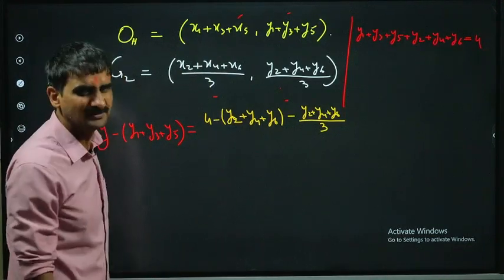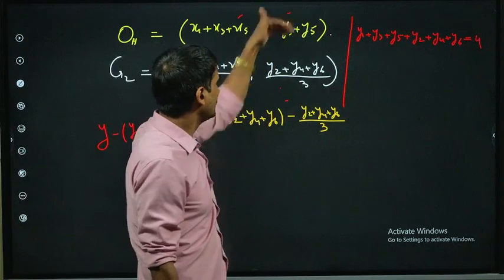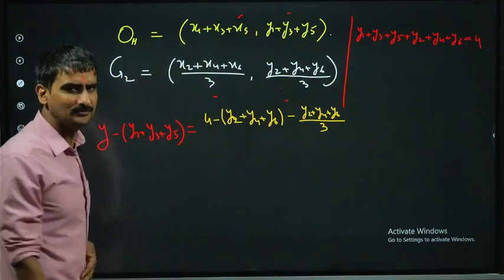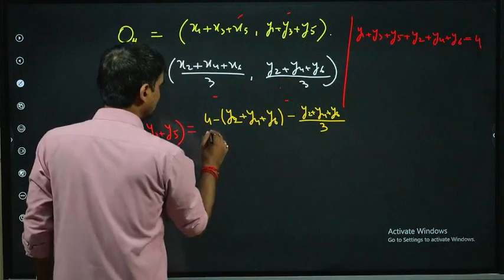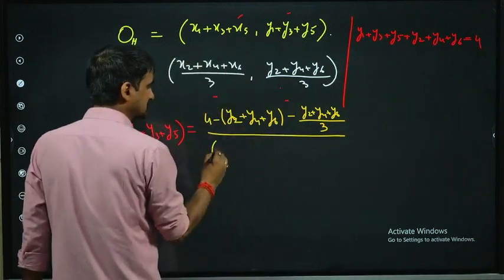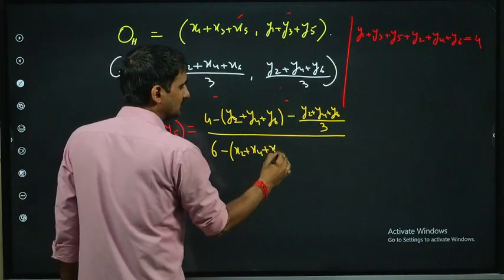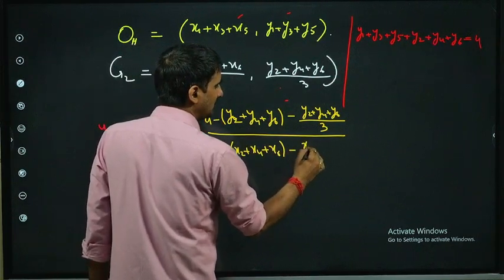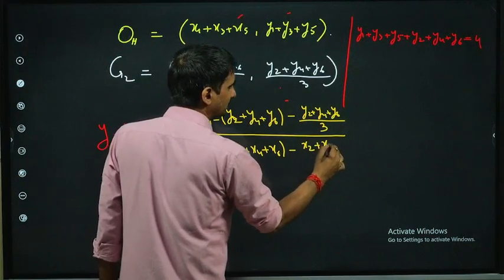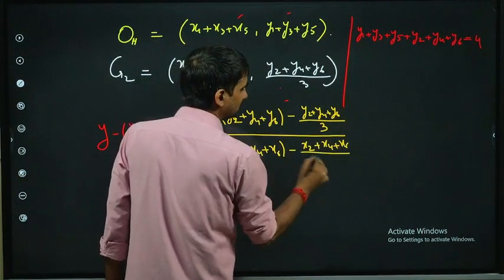I'm just doing y1 minus y2, that won't make any difference, because then I will be using x1 minus x2, so it will be 6 minus x2 plus the same thing. Similarly we can write for the abscissa also, x2 plus x4 plus x6 by 3.